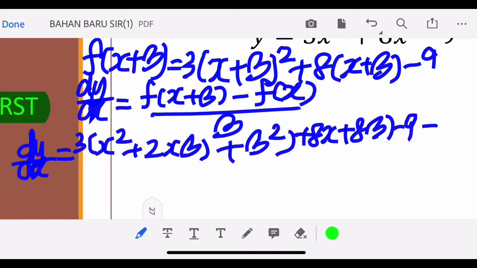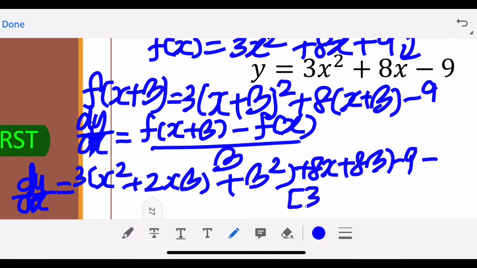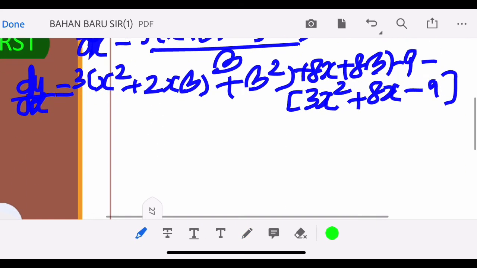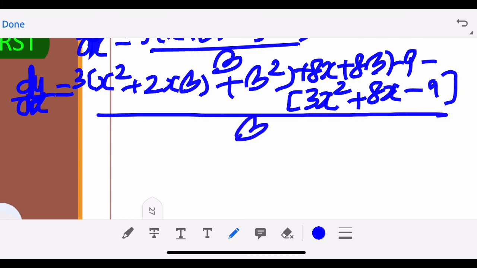Be careful when you minus the function. Why? Because we are minusing 3 terms. So we need to be very careful when we minus 3 terms in the bracket, over the delta shape, which is the delta x. Now we will simplify until we get the answer.